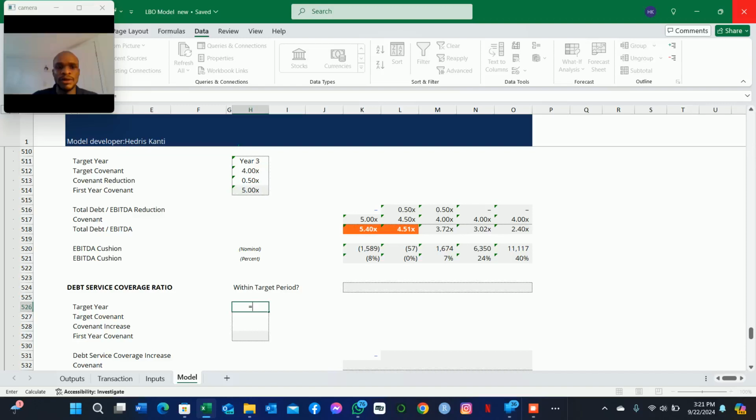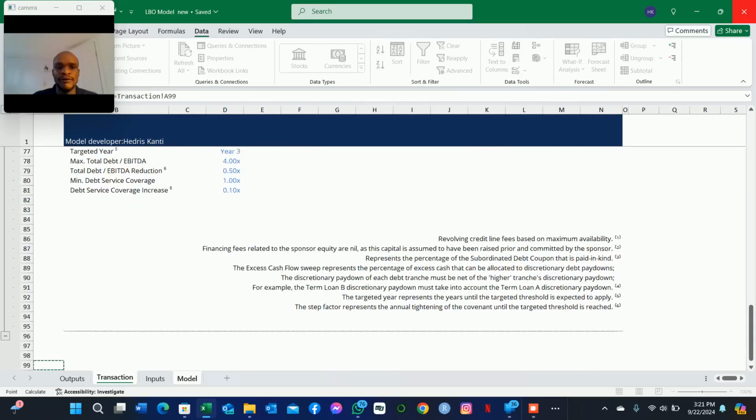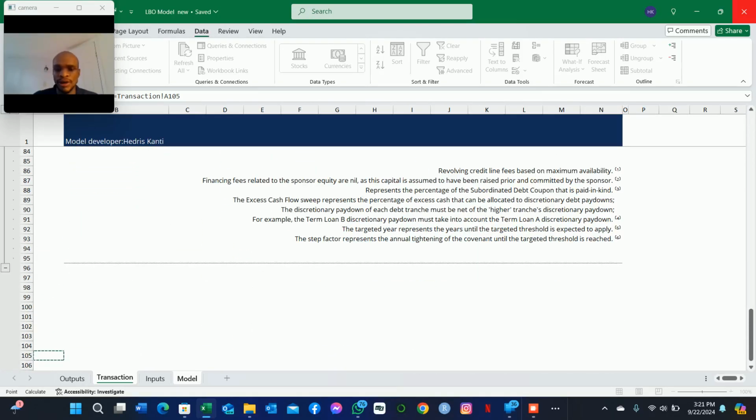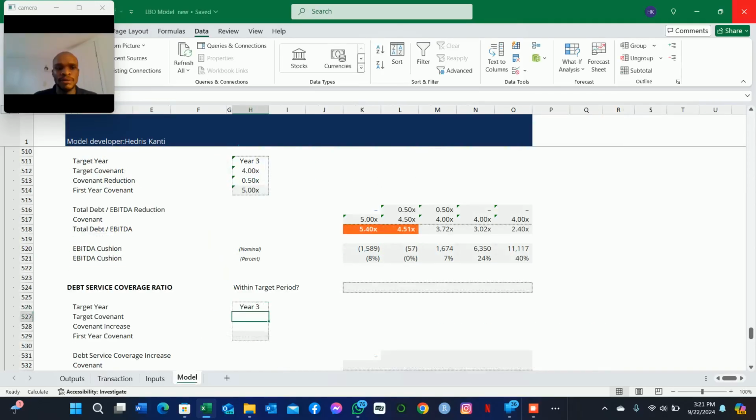So in this case, we have it already in our transaction section. So we go to the transaction section and we grab the target year and then the target covenant.